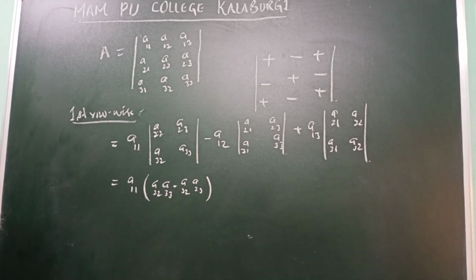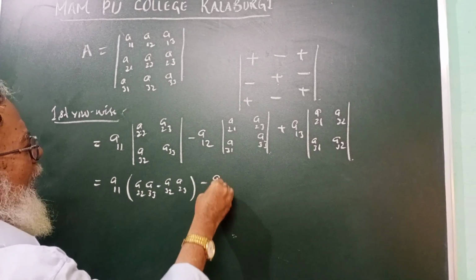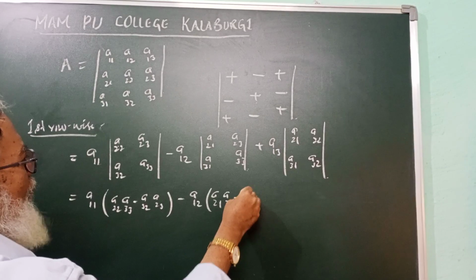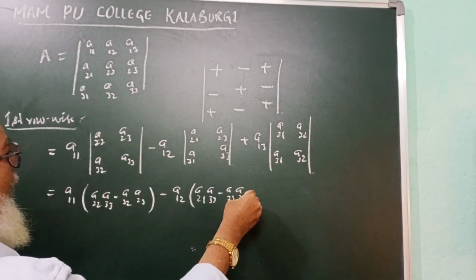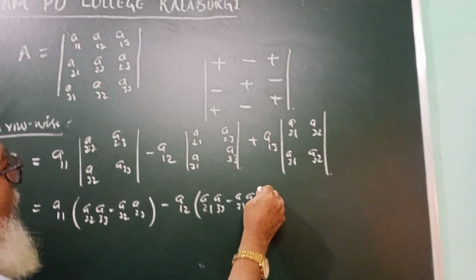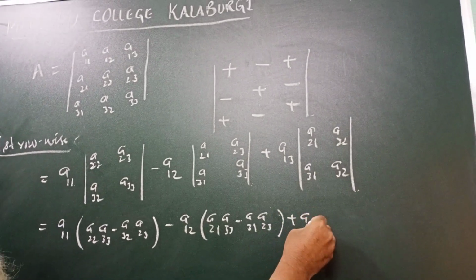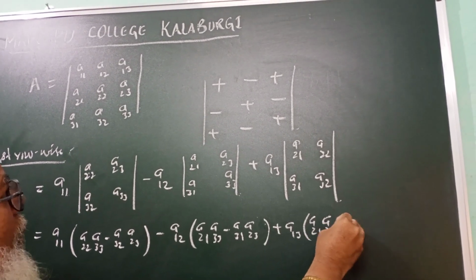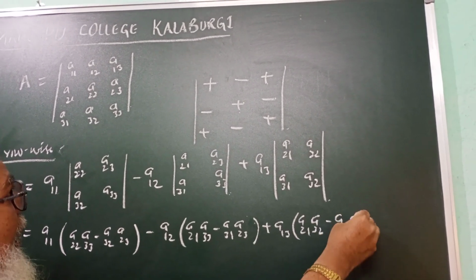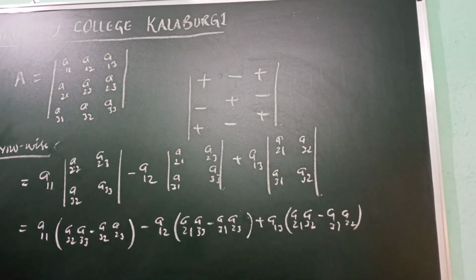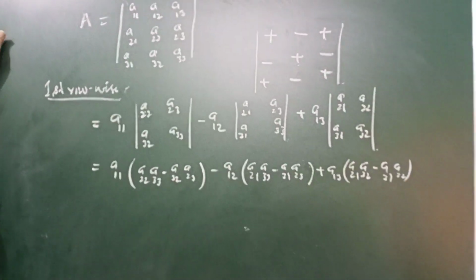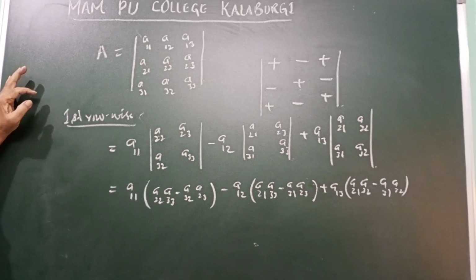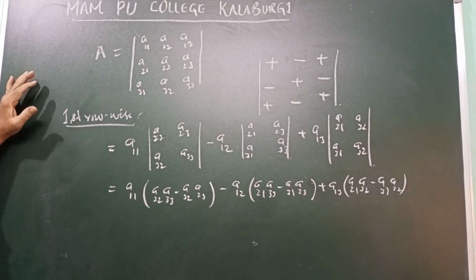Later we multiply and write down the values, and here A12 into A21 A33 minus A31 A23, plus A13 into A21 A32 minus A31 A22. The numbers will be there, we have to multiply the numbers and add them. This is the first way. Let us expand second row wise also, so that there should not be any confusion.